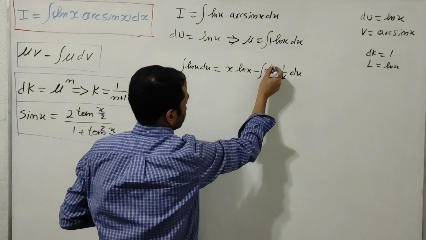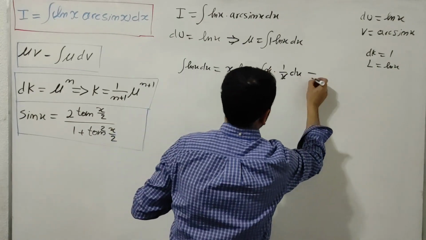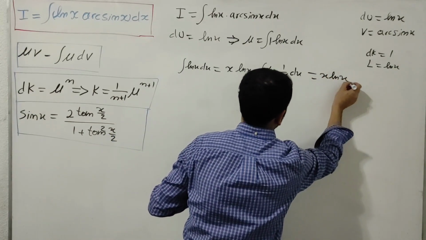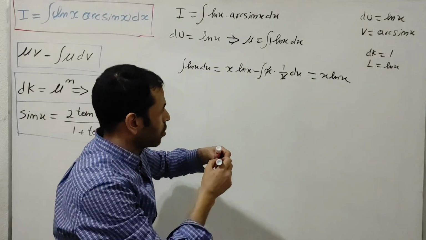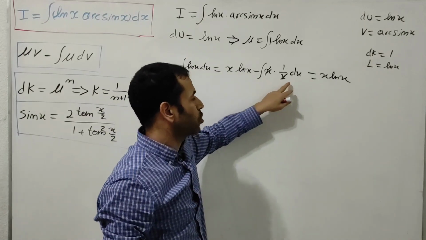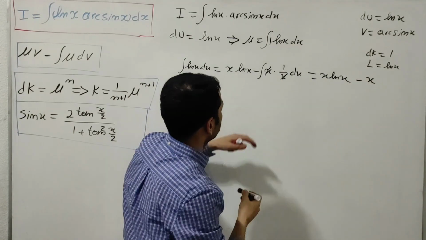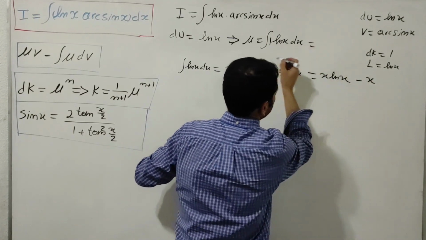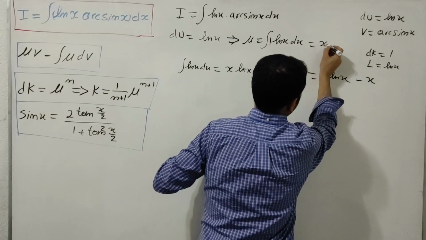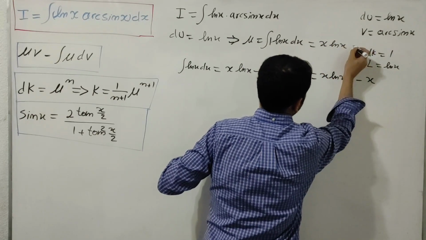So by simplifying x, I will get x multiplied by natural log of x, minus the integral of dx, which is x. So I will have minus x here. This one is giving me x multiplied by natural log of x minus x.